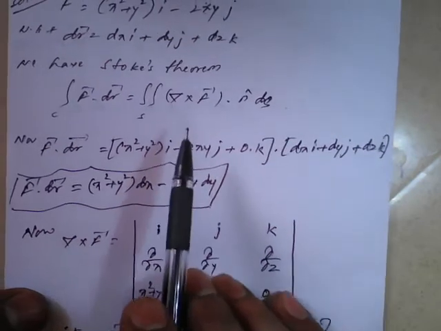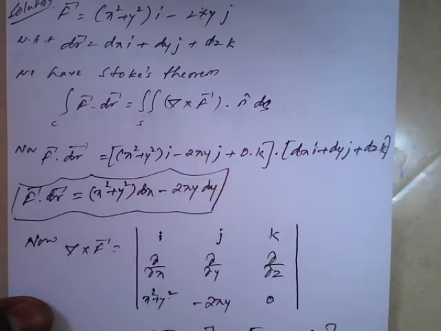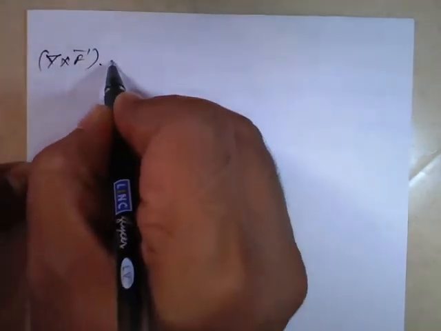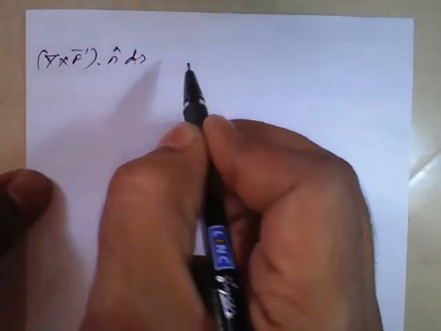We need to apply that in Stokes theorem now. So how to apply, we'll see now. Before applying the integration, I need to work out del cross vector f dot n cap ds.